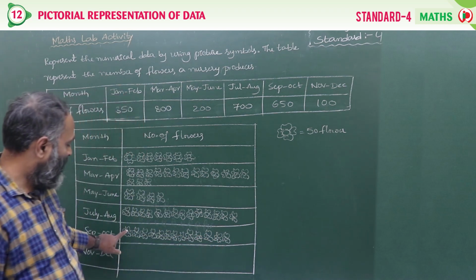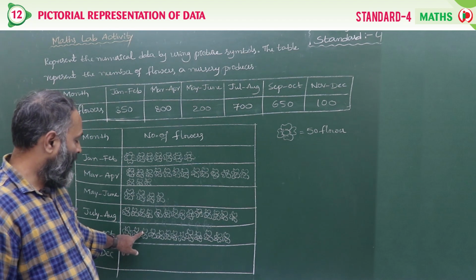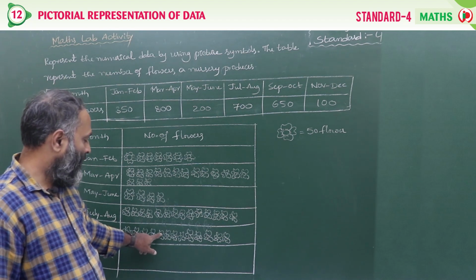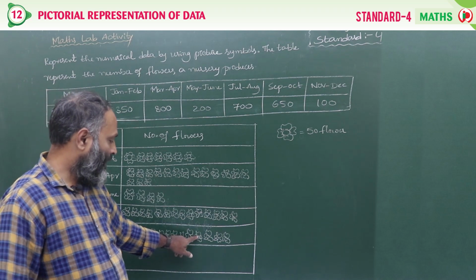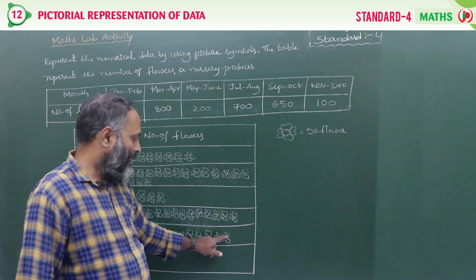Once again, check: 50, 100, 150, 200, 250, 300, 350, 400, 450, 500, 550, 600, 650.